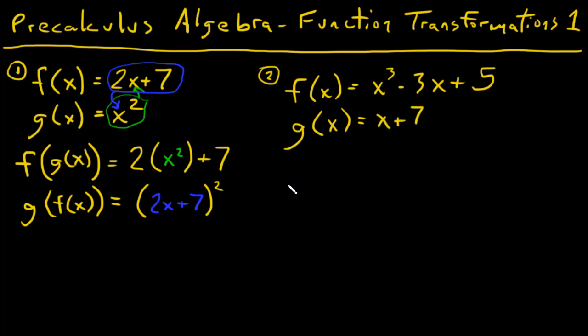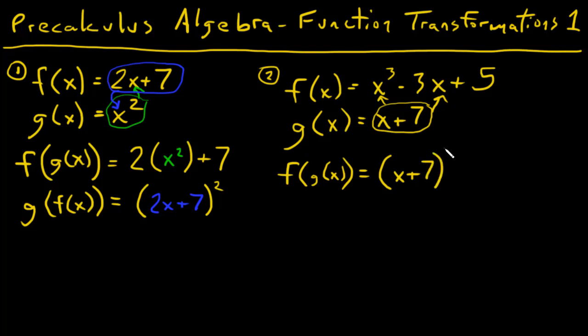And then we're supposed to find f of g of x. Okay? So I'm going to take my g of x function and substitute it into my f of x wherever there's an x. So I'm going to wind up with x plus 7 cubed minus 3 times x plus 7 plus 5, just like that. Okay?